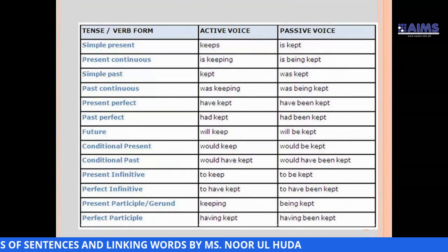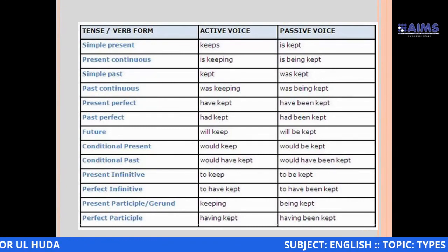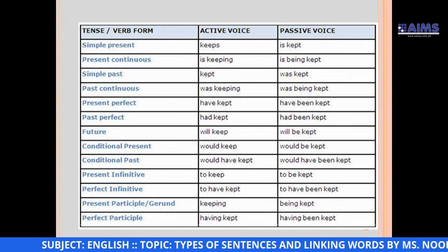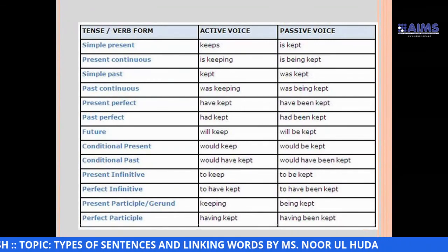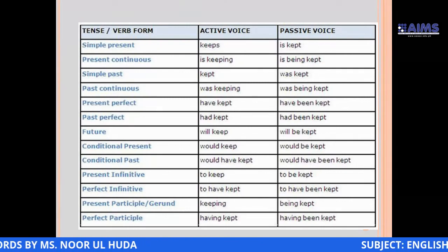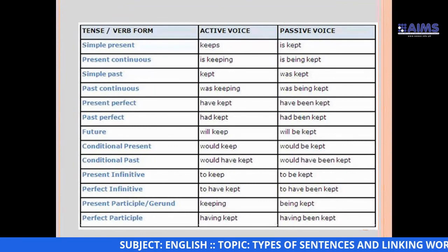When you make passive sentences from any active sentence, do take care of these things while composing. You also need to take care of sentences which cannot take the form of passive structure.